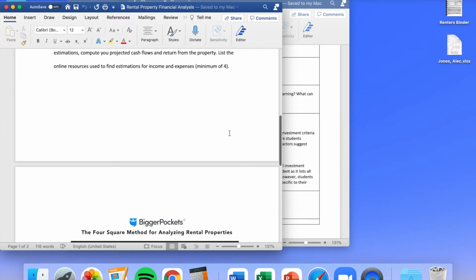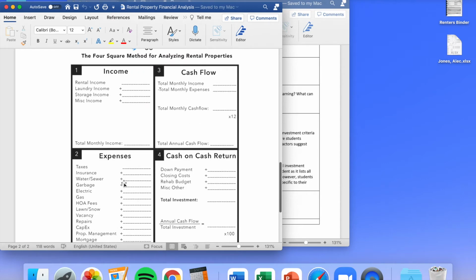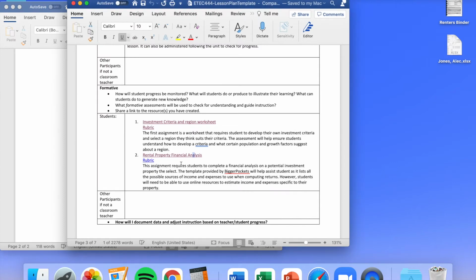They also need to list 4 resources online that they used to come up with their estimations for the projected income and expenses for the property. And then the rubric for that is here as well.